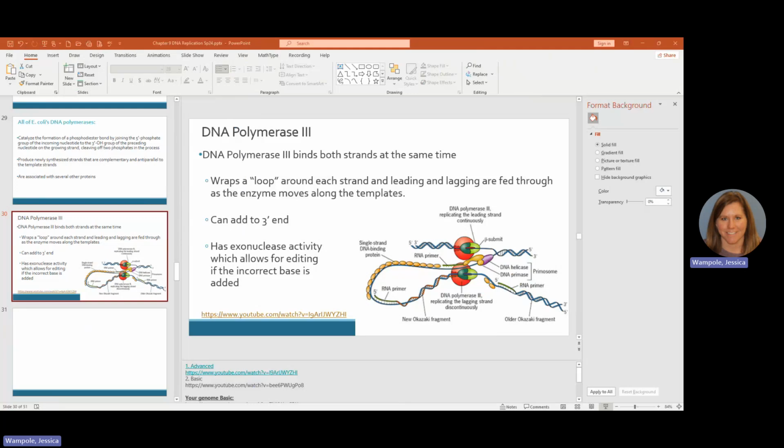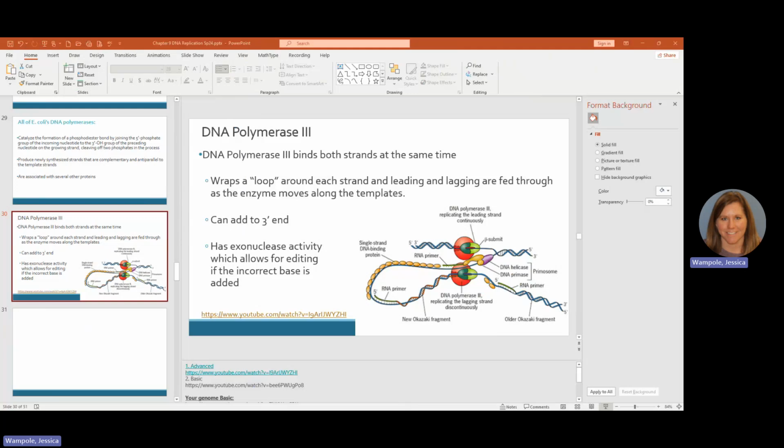The next, this is also happening on the lagging strand as well. So we've also got the lagging strand. Primase is going to come in here, add a little primer on the lagging strand. So on the top, once DNA polymerase comes in, it's going to bind after the primer, and it's going to work towards the replication fork, and it's just going to keep pushing this replication fork more and more open.